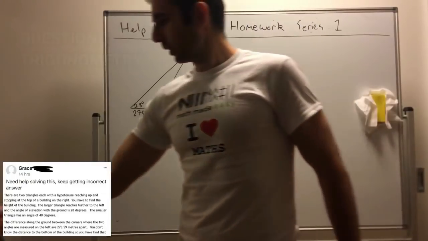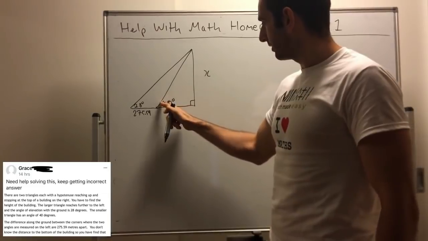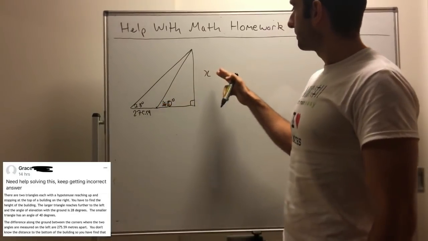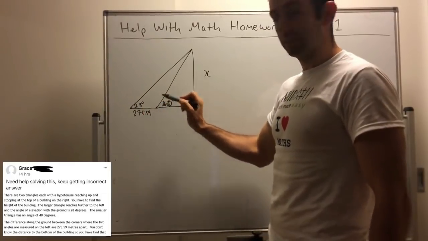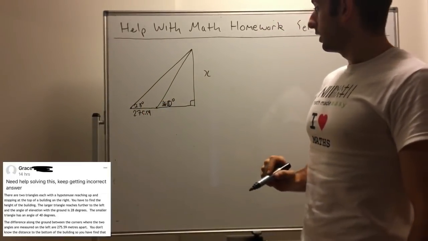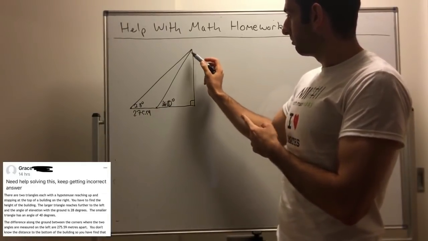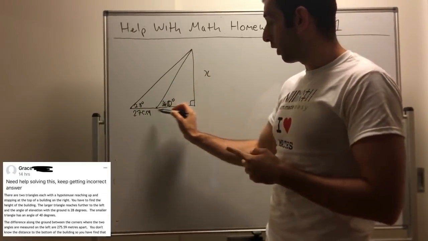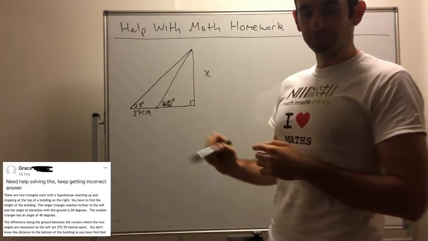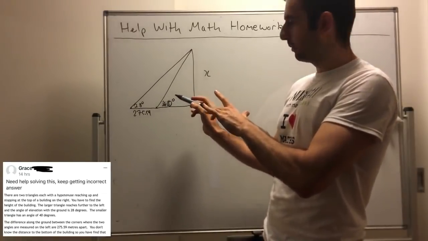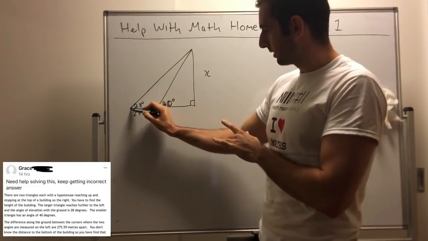So the question looks like we're going to find the height of the tower, and all we're given is the distance between the 2 points here and the angle of elevation, right? The key here, in order to find X, would be to find this side or the whole side, and that way we can use basic trig. If we dissect the problem, the only information we're given is this side between here and here.